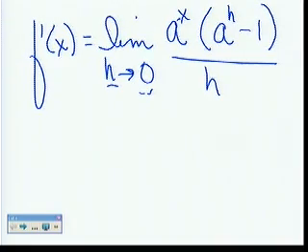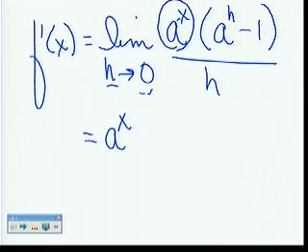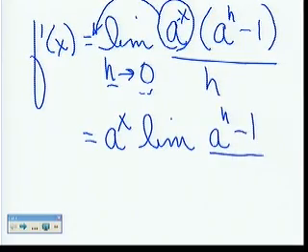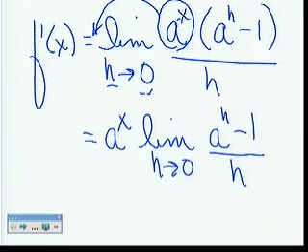So we could, in fact, just bring this piece out in front. It doesn't change. There's no h in it at all. Now, obviously, the rest of this is going to change as a changes.